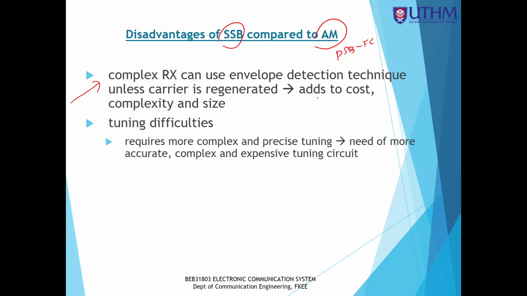It also adds to cost, complexity and size. And then tuning difficulties: it requires more precise tuning, needing a more accurate, complex and expensive tuning circuit. So these are the drawbacks of single sideband.